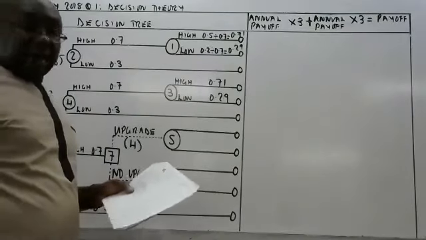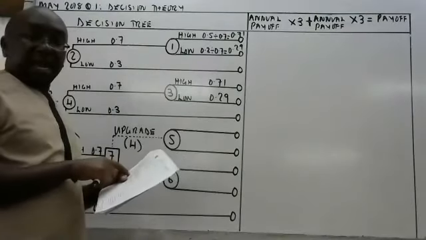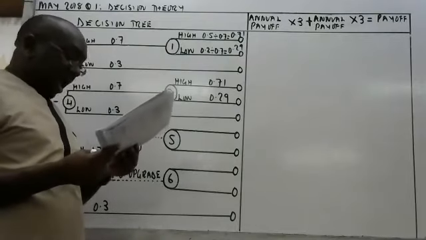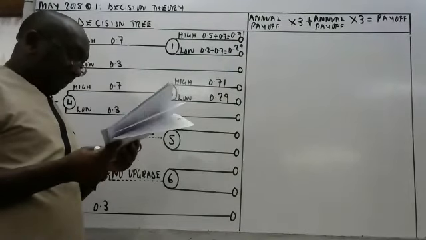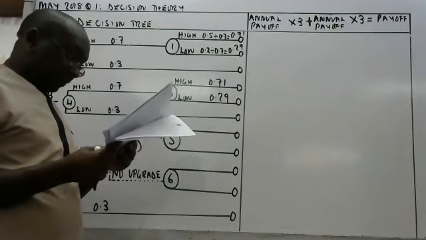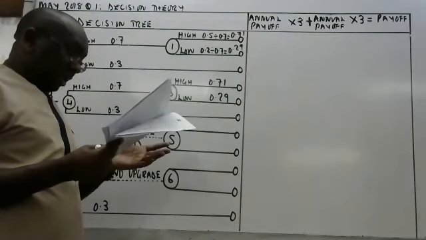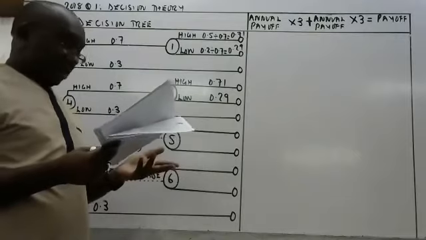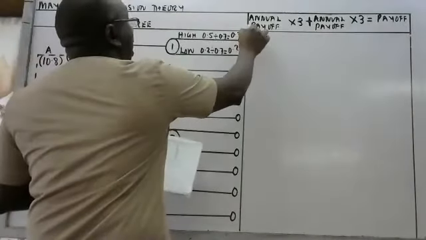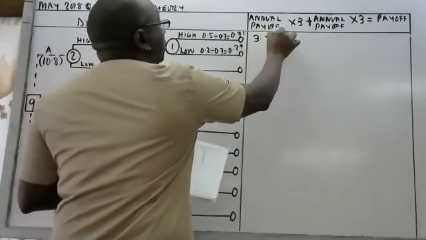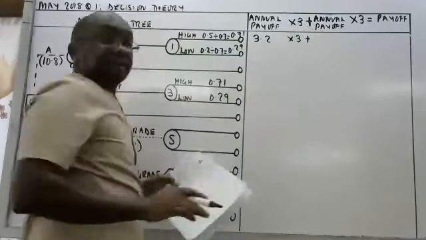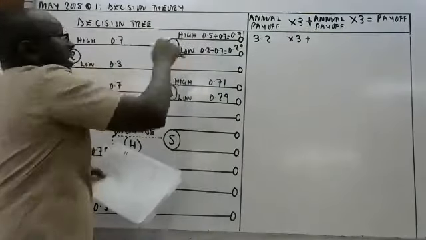Now, if you look at the payoffs down there for option A here, if demand is high for the first 3 years, actually they're just saying if demand is high. If demand is high, it is 3.2. So here, you put 3.2 times 3 plus, this is high.